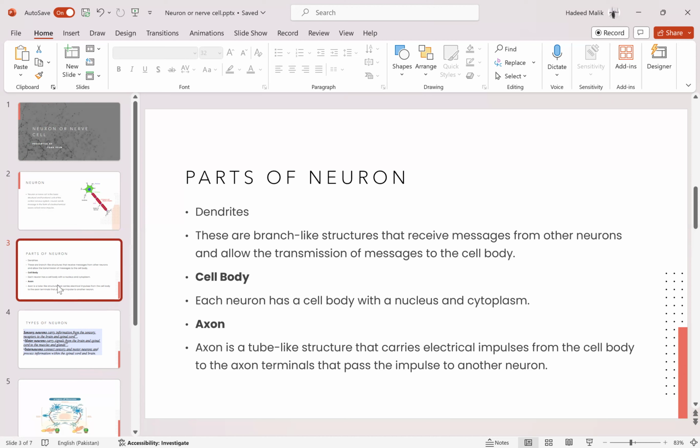The axon is a tube-like structure that carries electrical impulses from the cell body to the axon terminal, which passes the impulse to other neurons. Dendrites also receive signals from other neurons. The cell body processes these signals, and the axon transmits signals to other neurons.